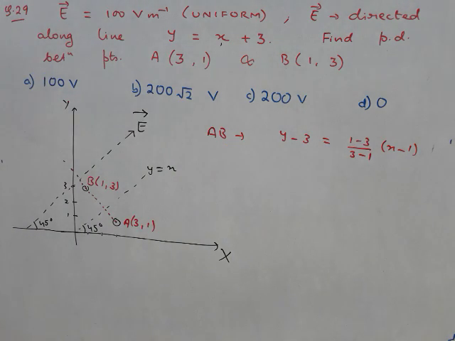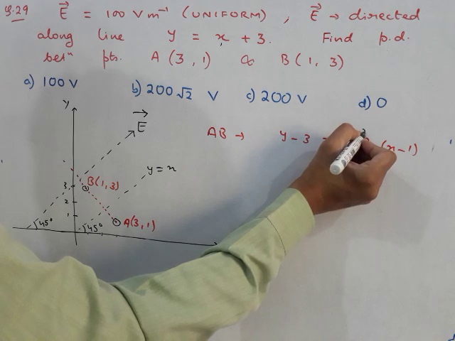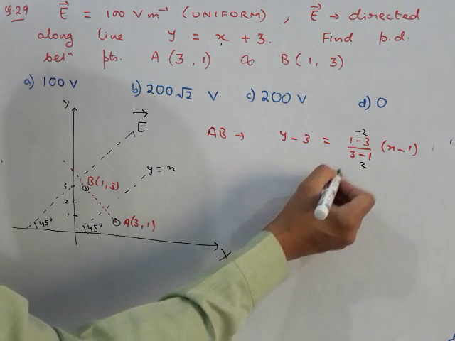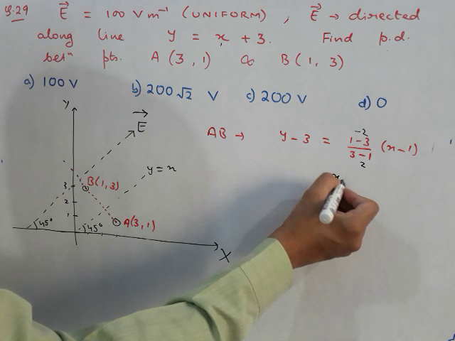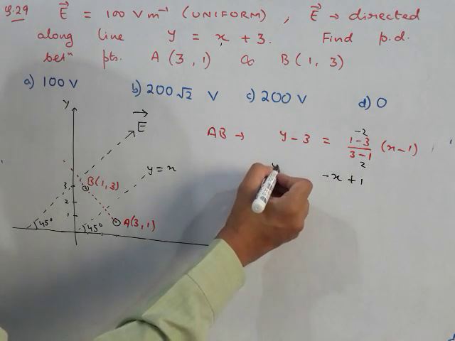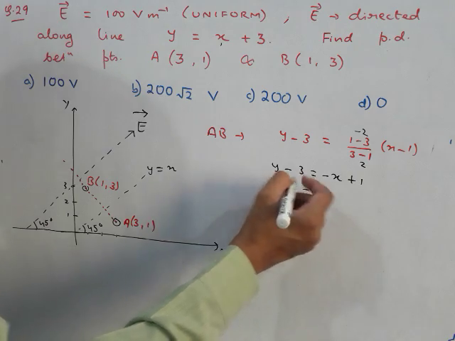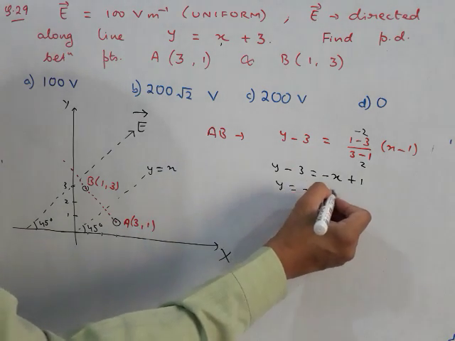So this is the equation. How much shall we get? 1 minus 3 is minus 2, 3 minus 1 is 2, so minus 2 by 2 becomes minus 1. So minus 1 into this much will become minus x plus 1, and this is y minus 3. So y is equal to minus x, and then 3 plus 1, 4.